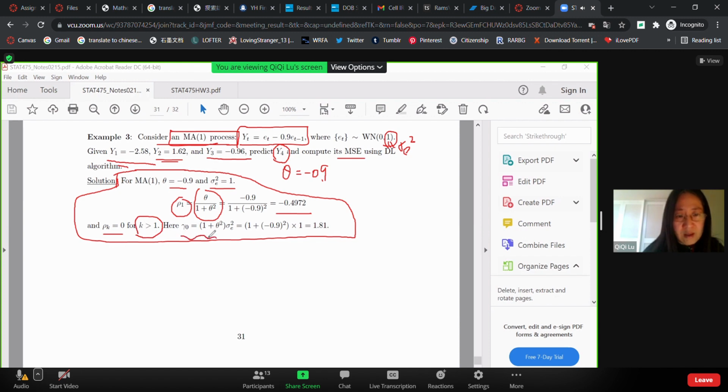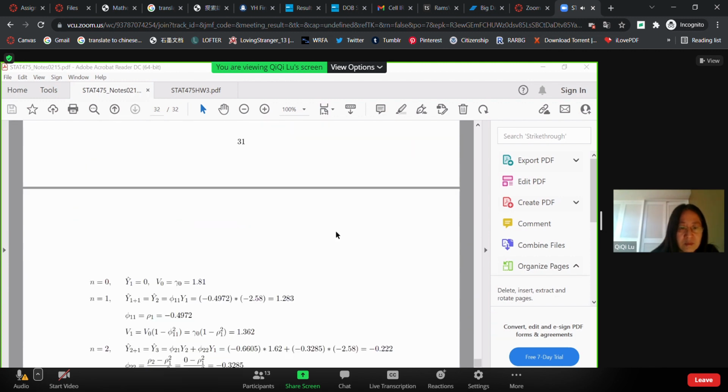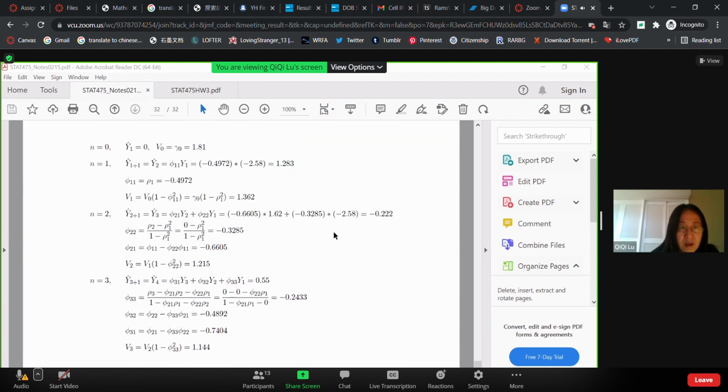And here's the MA(1) variance. So we got all the numbers here. Start with n equals 0, meaning the process variance, which we calculate as 1.81.